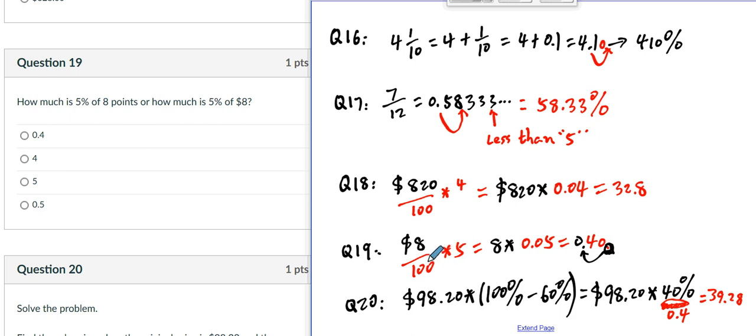You divide $8 into 100 equal pieces. How much is that? That would be $0.08, which is actually 8 cents. $8 is 800 cents. You divide it by 100. So each equal piece is 8 cents.